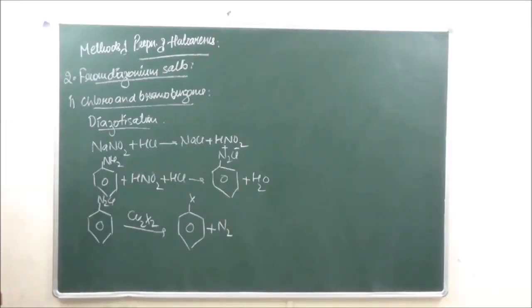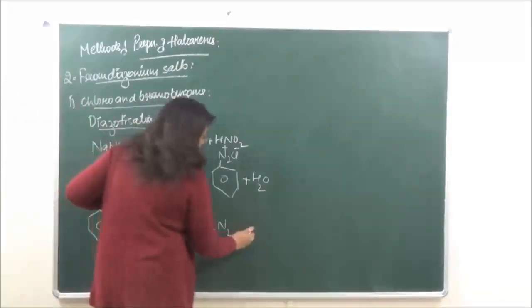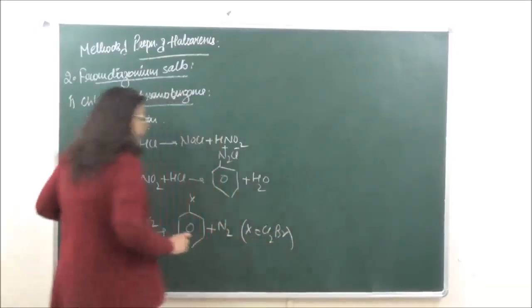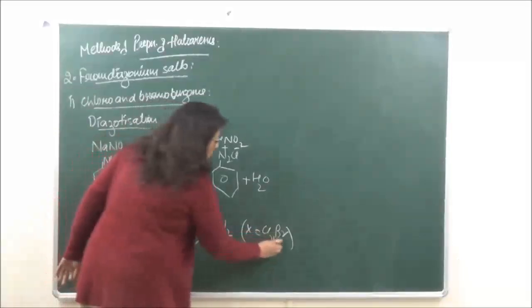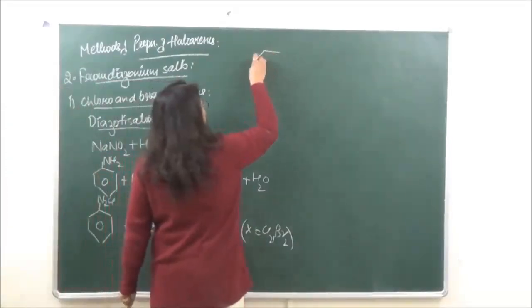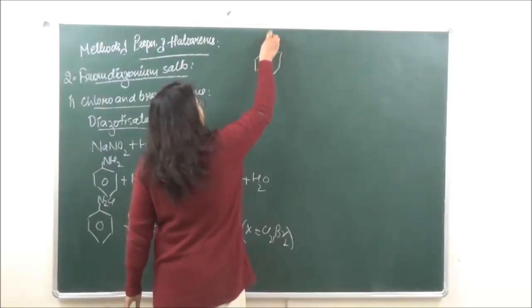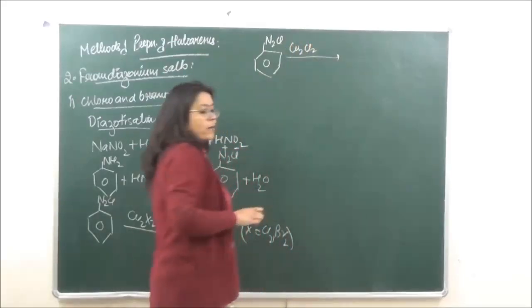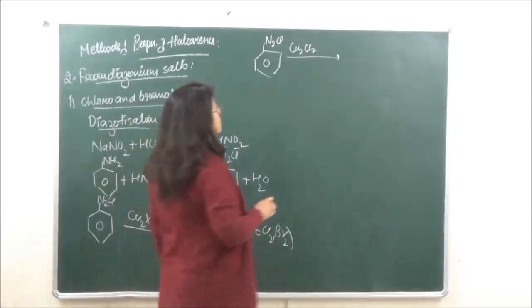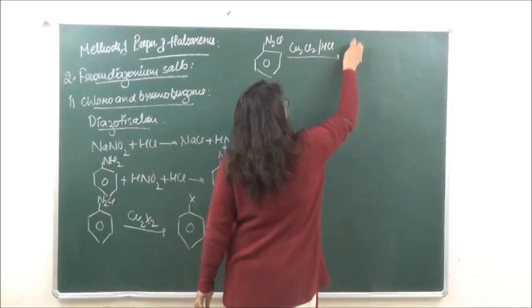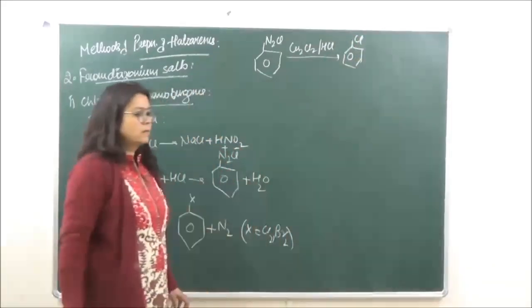Here the X can only be chlorine or bromine. Let's take an example: benzene diazonium chloride in presence of Cu2Cl2 and HCl gives us chlorobenzene.